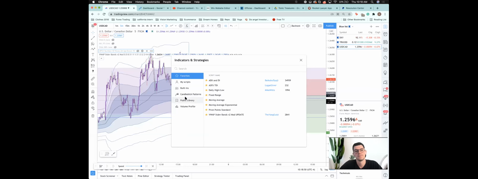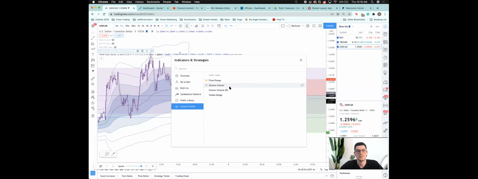Do session volume, which will show you those daily. And then the fixed range is the one you use, where you'll click on that and then click from left to right to combine your daily session volume profiles.